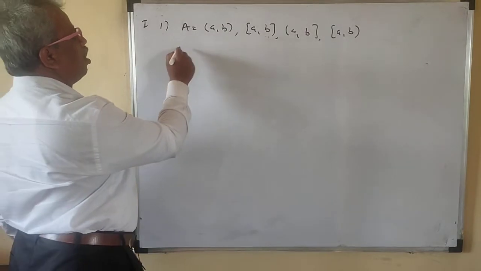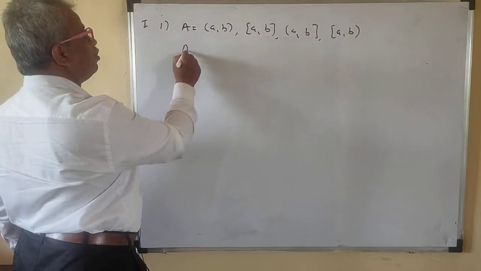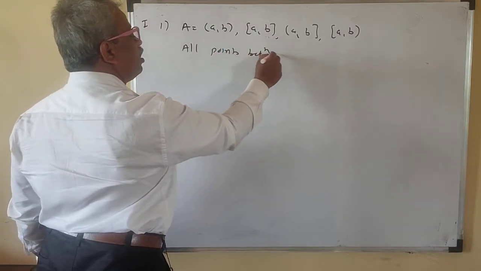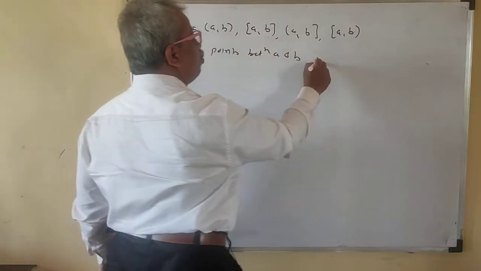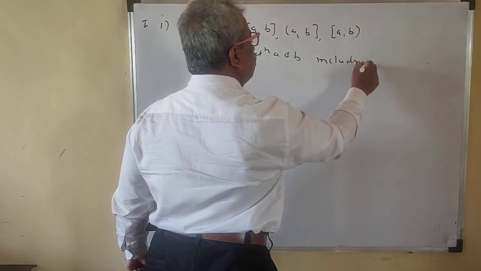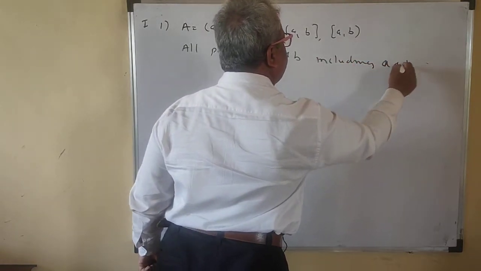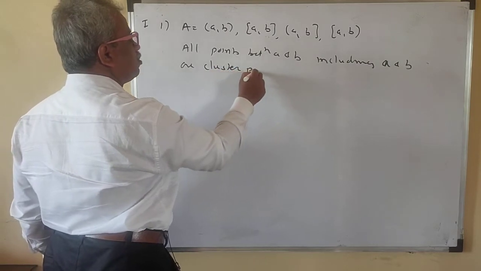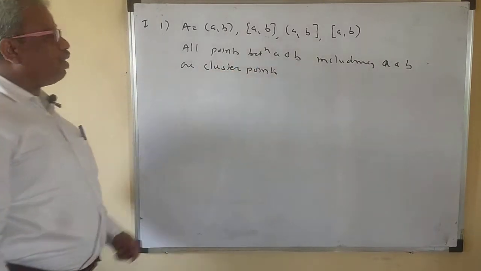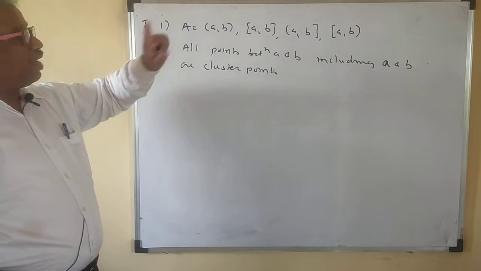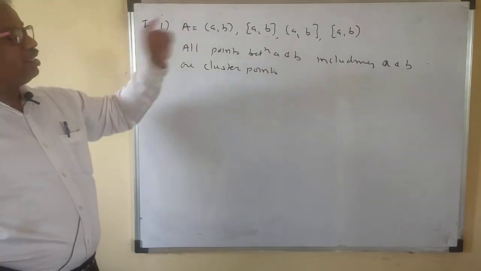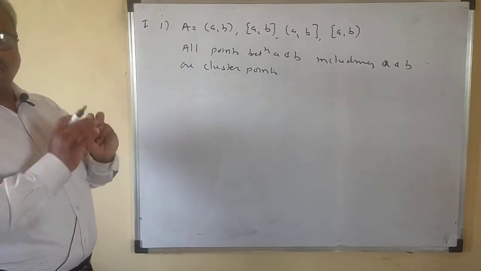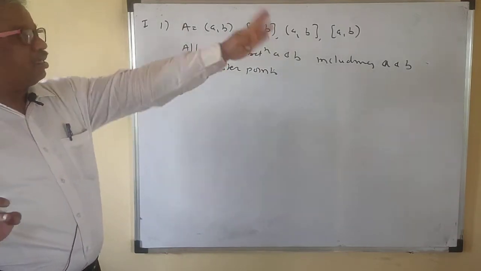Here all points between a and b, including a and b, are cluster points. That means every point in this interval is a cluster point, including a and b. A is a cluster point, b is also. All the points including a and b are the cluster points here.